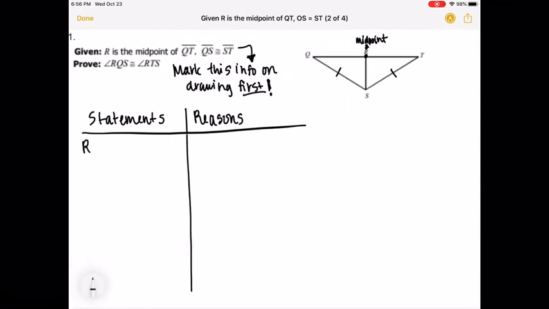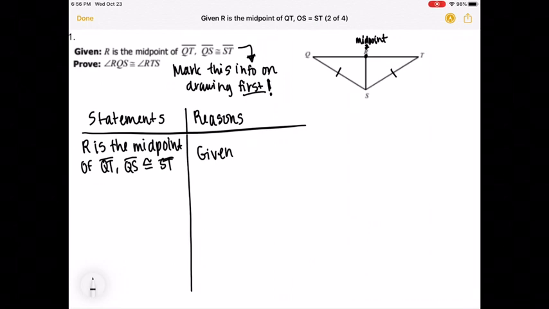That one's short enough. If you just write a squiggle, I will not give you credit. So R is the midpoint of segment QT, and segment QS is congruent to segment ST. The reason for that is given.